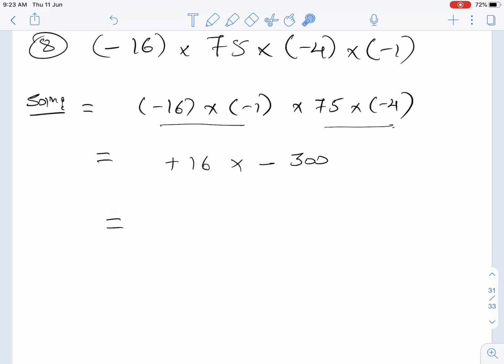Now we have two numbers with opposite signs multiplying each other. So plus into minus will become minus, and then 16 into 3 is 48. And since two zeros are present, we write two extra zeros.